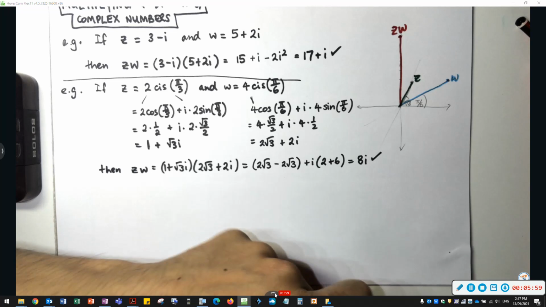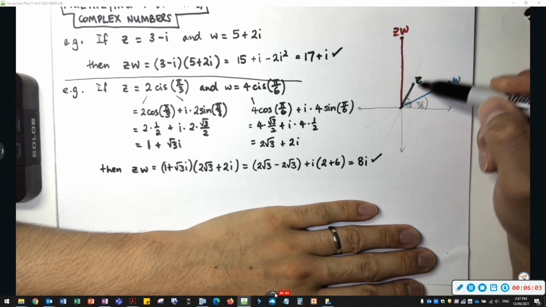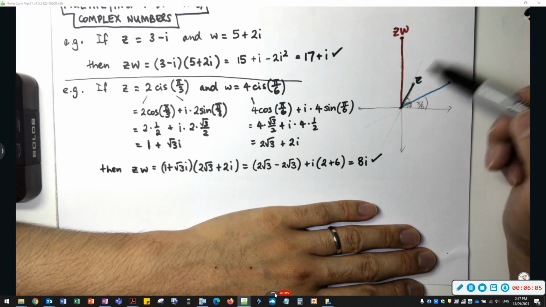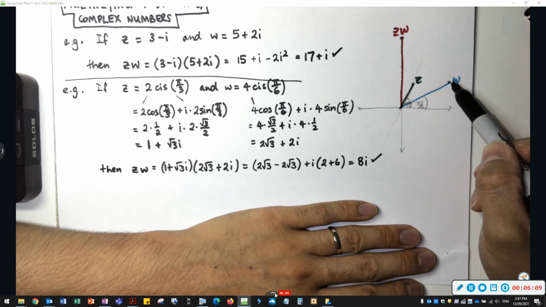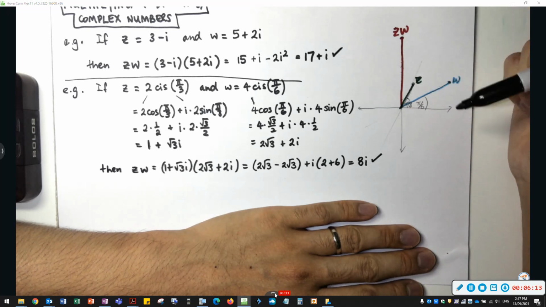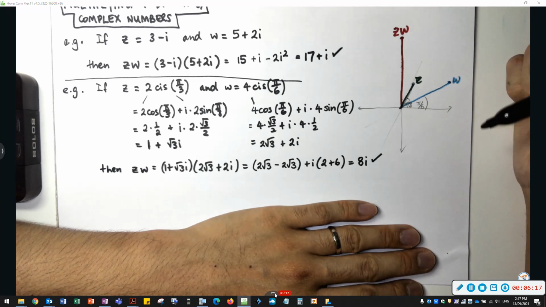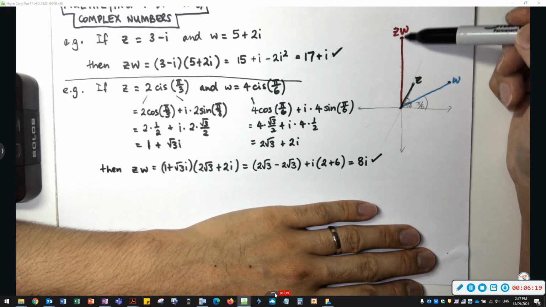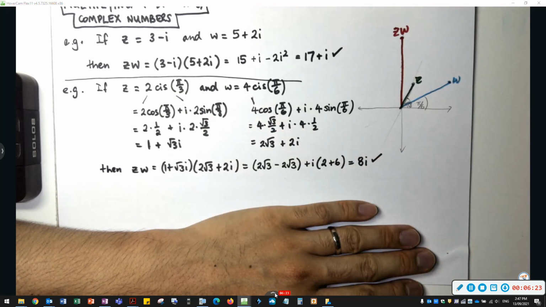Can I say that the length of the final answer is the product of these two? This has a modulus of 2, or a length of 2, and this has a length of 4, and this has a length of 8. Wow, that gives us an idea, perhaps, that we can just multiply the modulus to get the overall modulus.